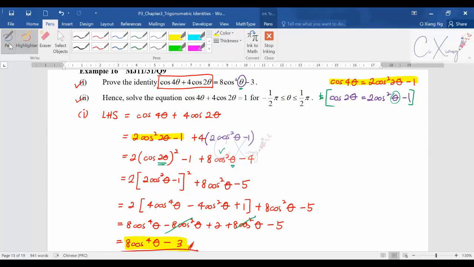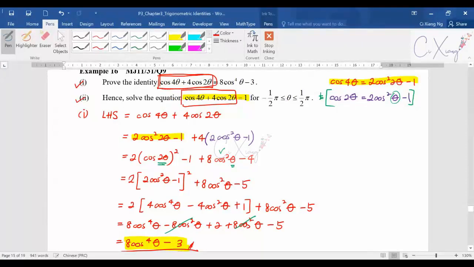Now we continue to part number 2. Usually for this kind of question, when part 1 asks you to prove, part 2 will want you to use the result in part 1. As an example, for part 2 they ask you to solve this equation. Compare the equation here: this red color one and this red color one are the same thing.